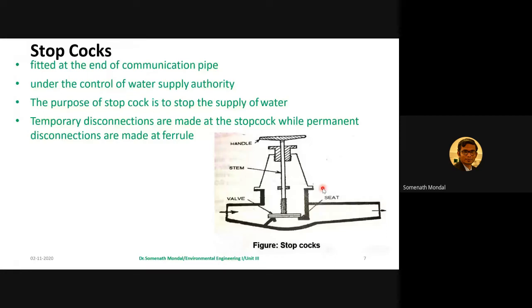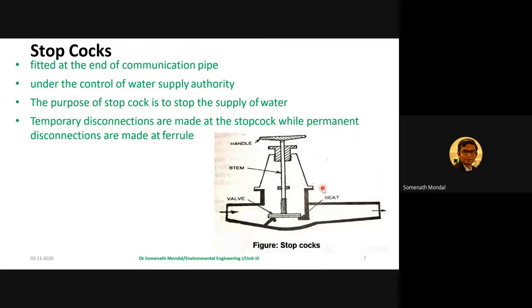When provided just prior to the water meter in each house connection, they should be enclosed in a proper cast iron box having a hinged cover, because they are expensive compared to pipelines, since this is an appurtenance, and that is the reason we need to have a proper housing to maintain them and to protect them from any physical damage. And we have shown here a typical stopcock schematic diagram.